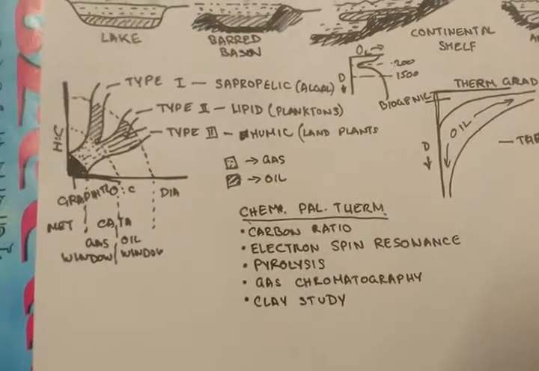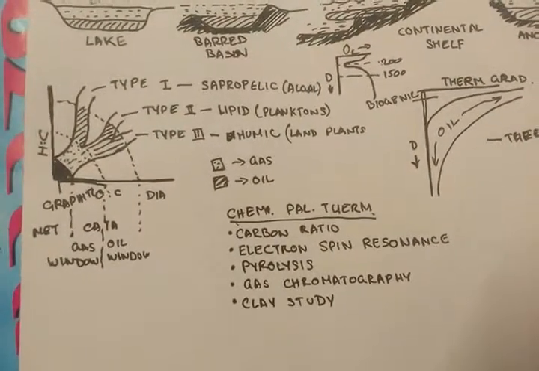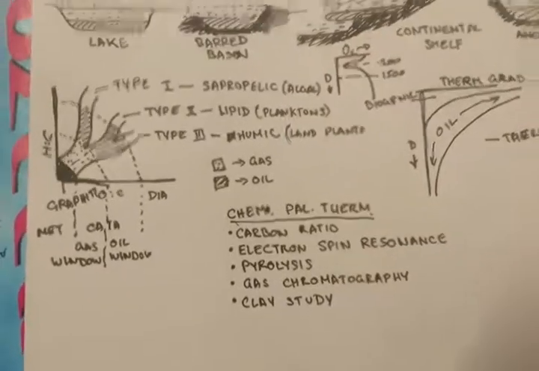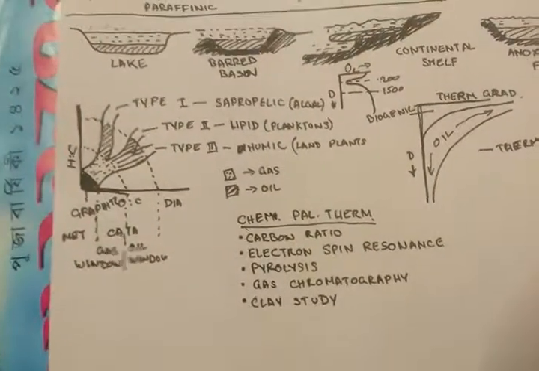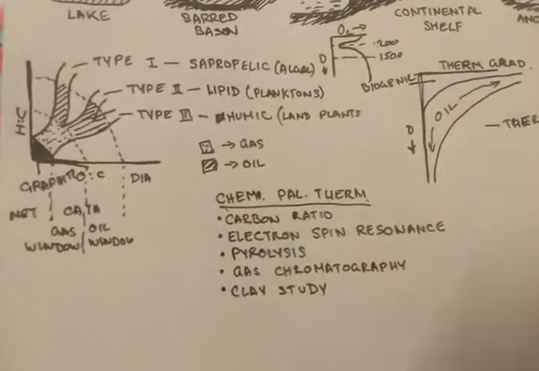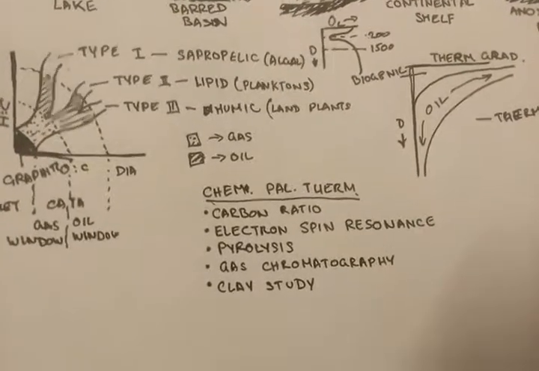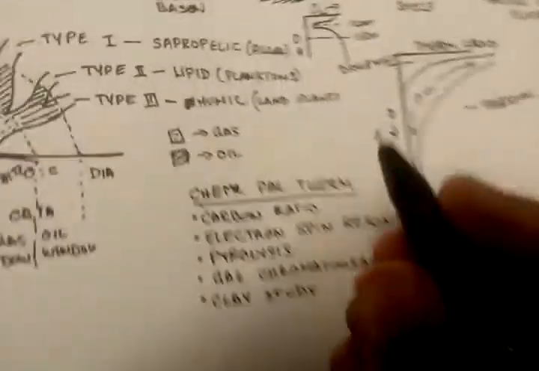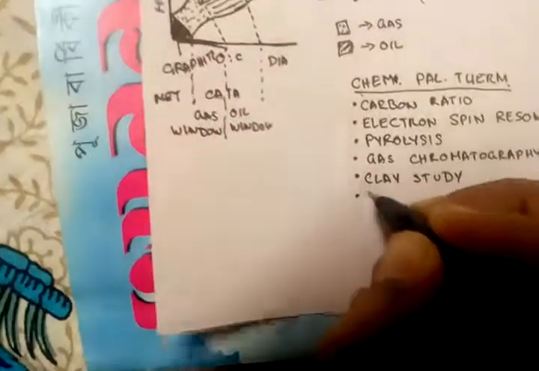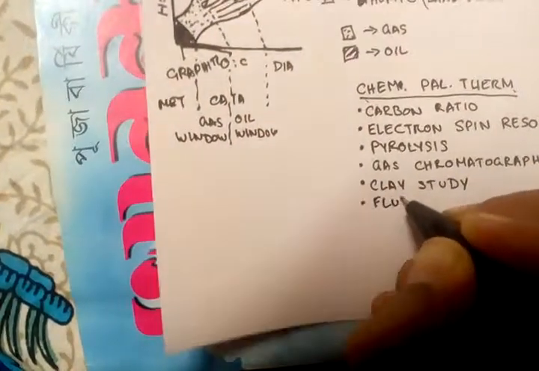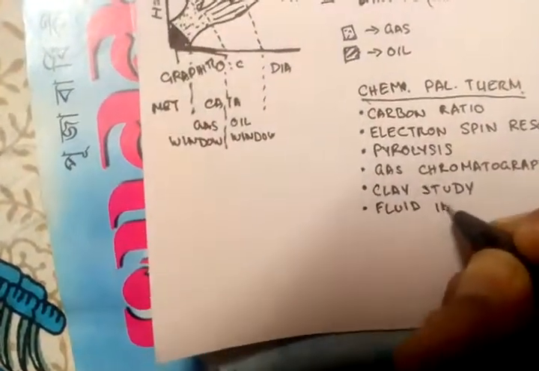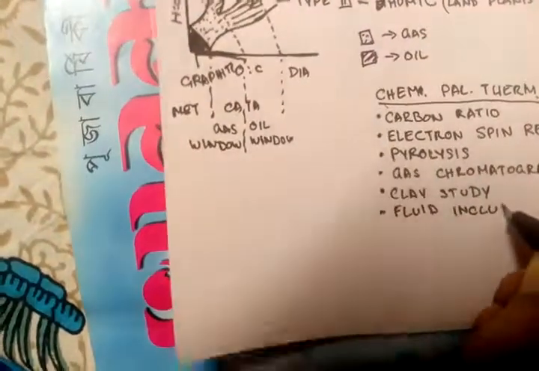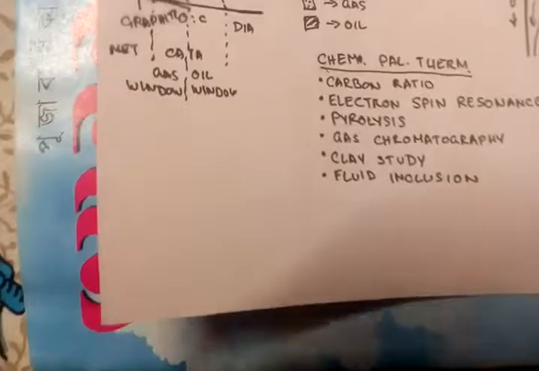Recrystallization of clays is studied, and based on that, the maturation of the source rock as well as the oil is calculated. Then there is fluid inclusions. Again, they involve the study of diagenetic changes.